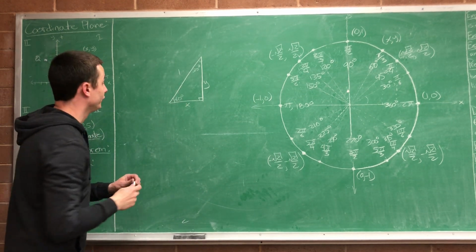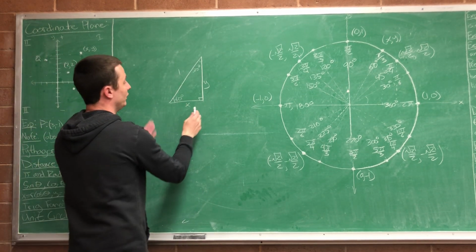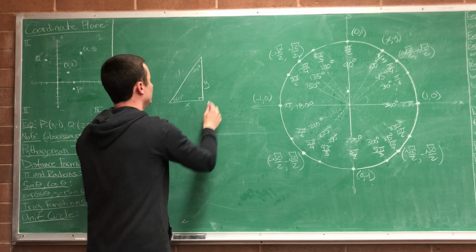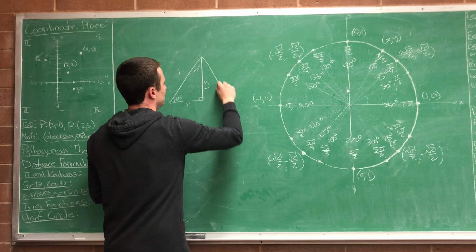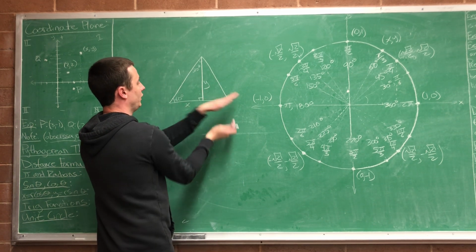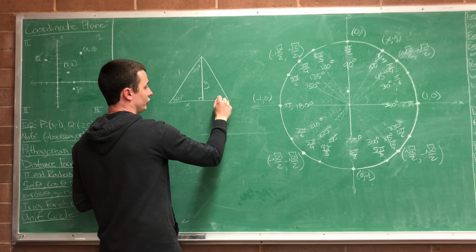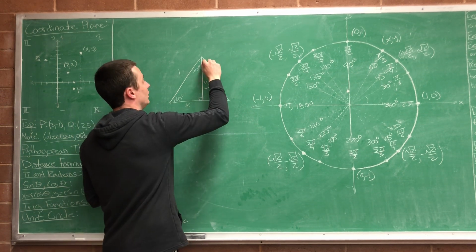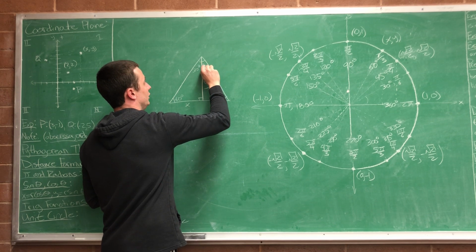Okay, so for this one, I'm going to reflect this triangle over this way. Reflecting it over that way, we get this. Since it's a reflection of this triangle, this angle right here should also be 60 degrees. My picture is lying to you. And this angle right here should also be 30 degrees. You understand what I did?